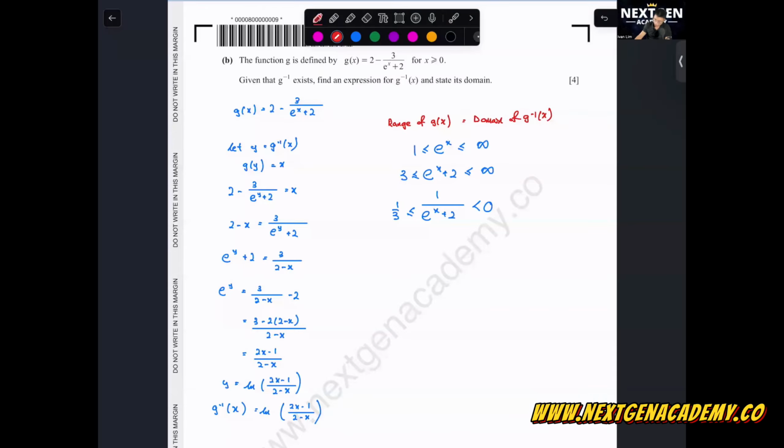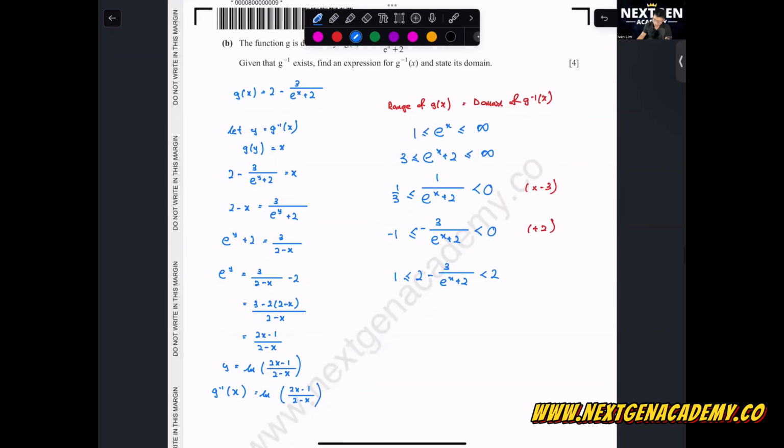Then we multiply it by minus 3. So I can get minus 3 over e to the power x plus 2. This one will become minus 1. This one will still be 0. Then I will put plus 2. So 2 minus 3 over e to the power x plus 2, this will become 1, and then here will become 2.